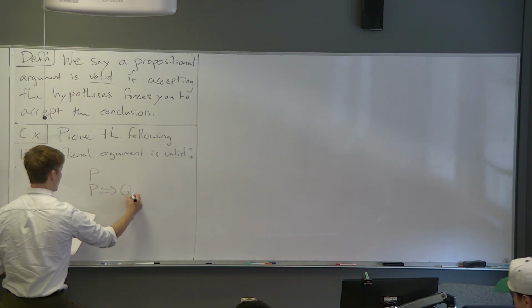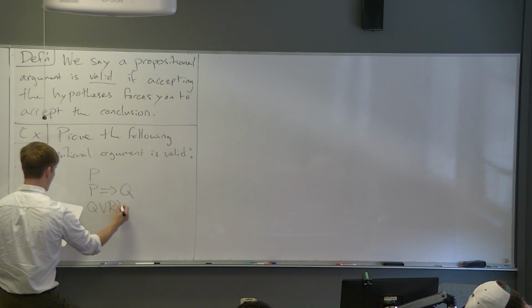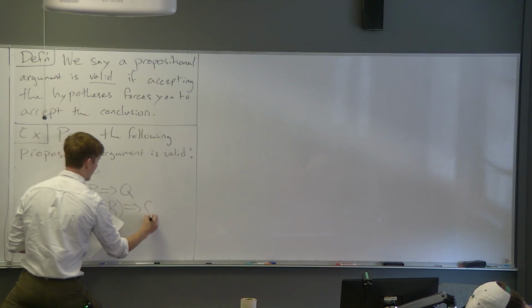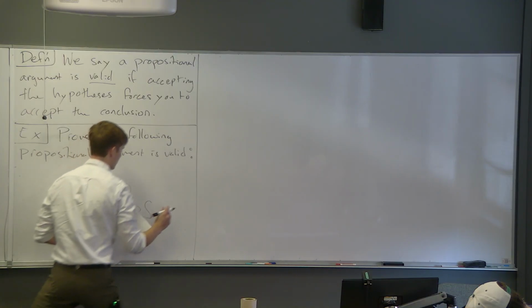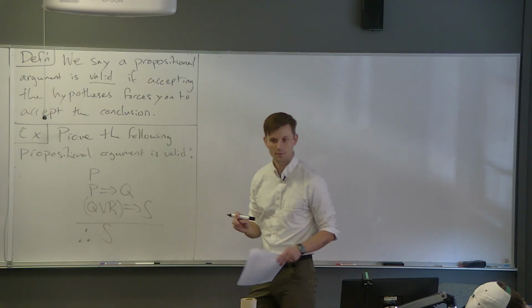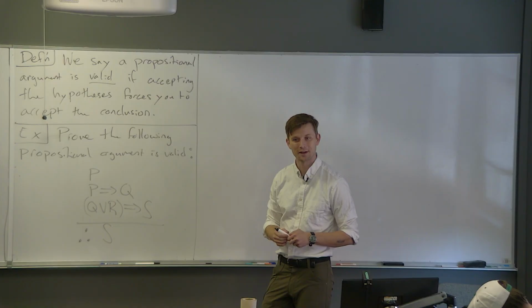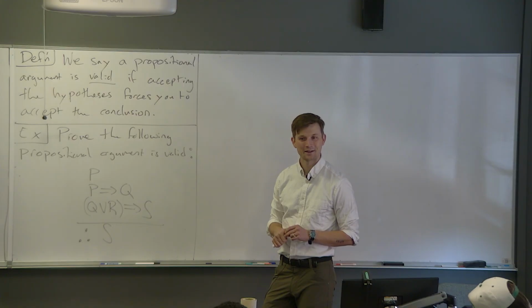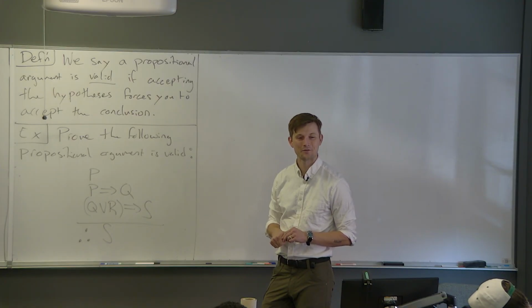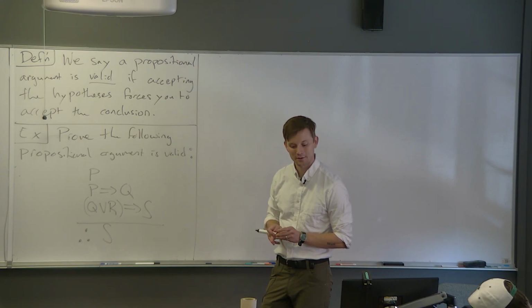P implies Q, and Q or R implies S, therefore S. You can already probably feel yourself going, ugh, if you think about making the truth table for this, right? It's going to be annoyingly big, yeah? It's going to have a lot of rows. Confusing to put all together. So let's do it a different way. Let's do it the way we just described.